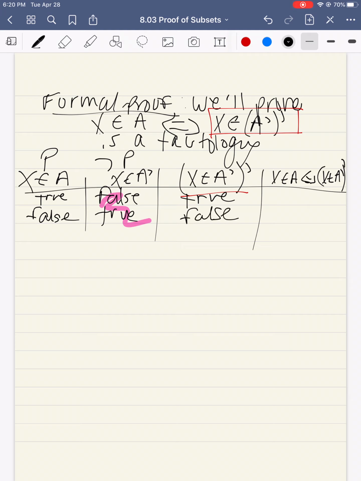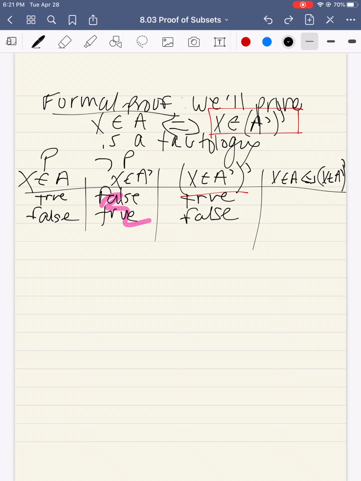So if we were showing logical equivalence for propositions, we would be able to stop here, because we would say these two statements are logically equivalent, therefore this is true. However, when we're showing that sets are equal, set equality, we have to show that the if and only if statement is a tautology.